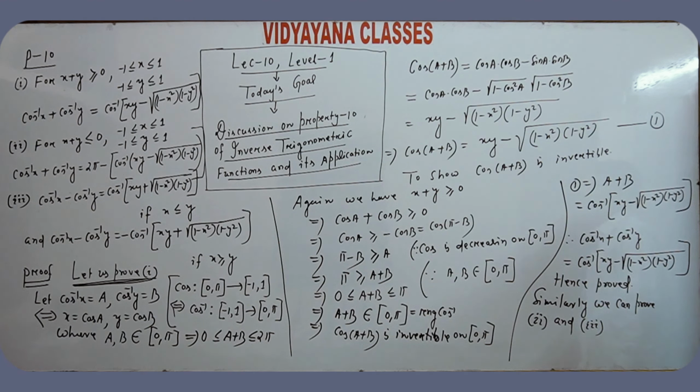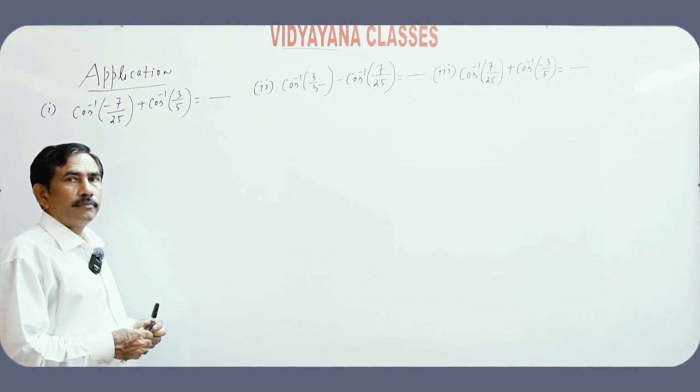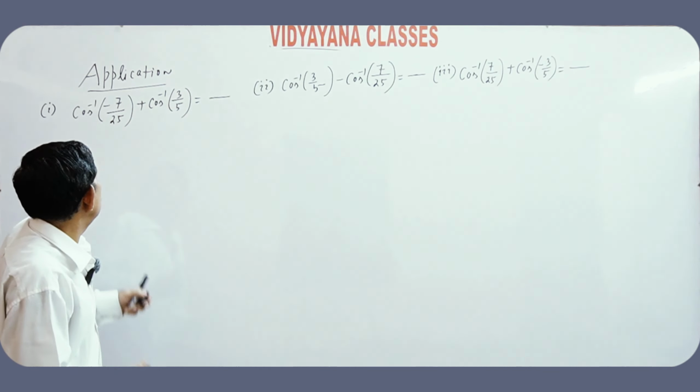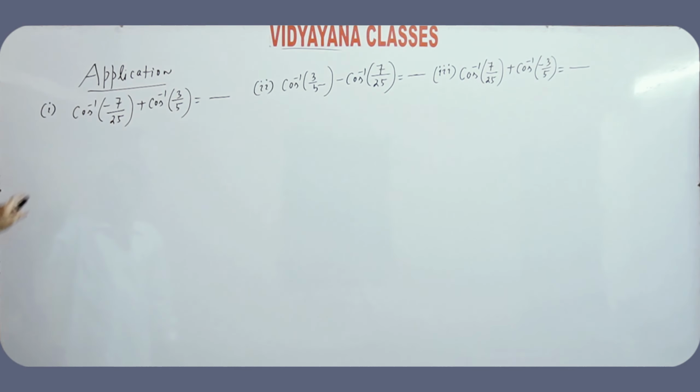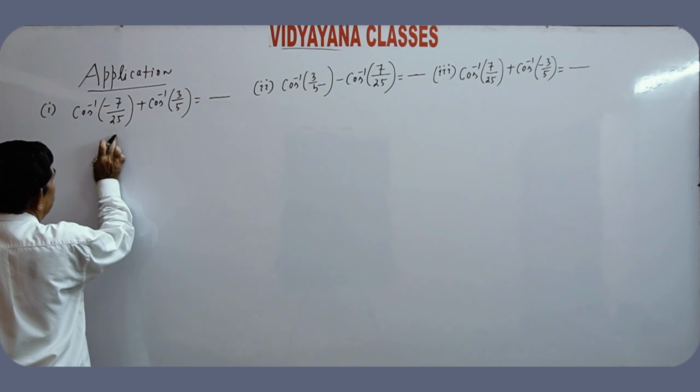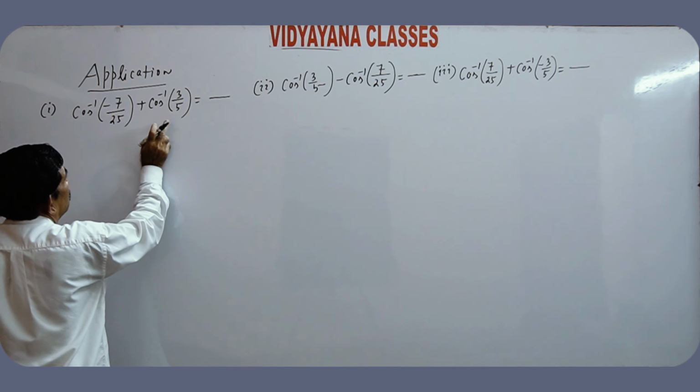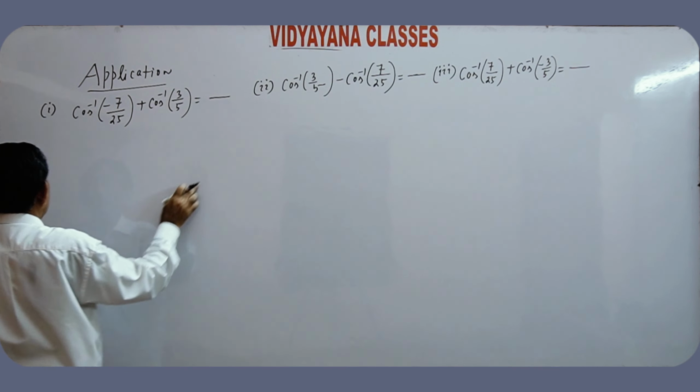Okay, note down. Application. First bit: cos inverse of minus 7 by 25 plus cos inverse 3 by 5 is equal to dash.